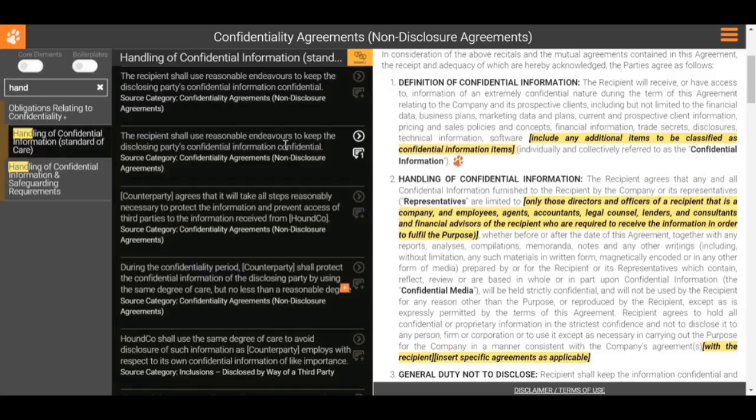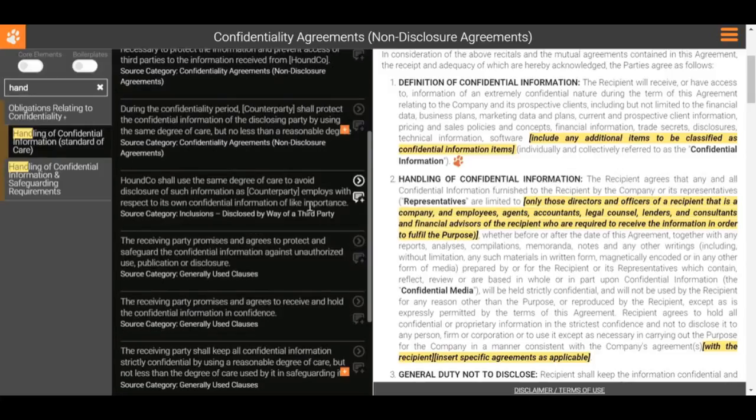Some of these variations include the handling of confidential information so that there is no less than a reasonable degree of care, or handling in the strictest of confidence, or at the highest standard of care. Lawyers and drafting counterparties should consider which situation and what standard is both appropriate and attainable, and what is practical in the situations that they're dealing with.